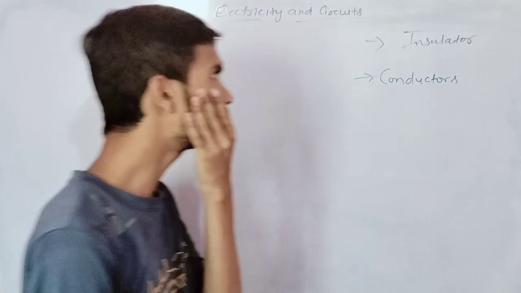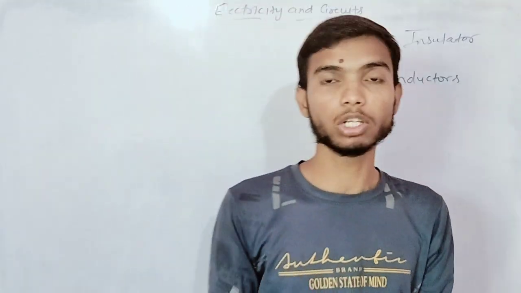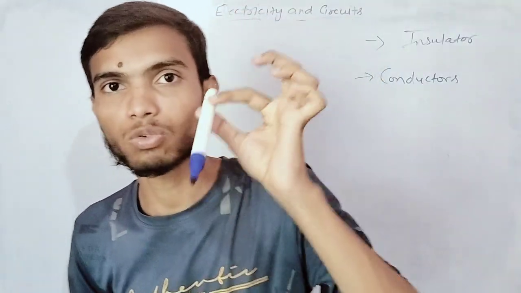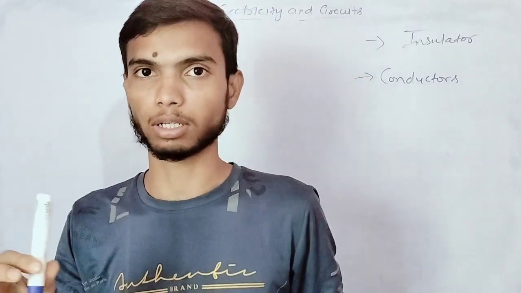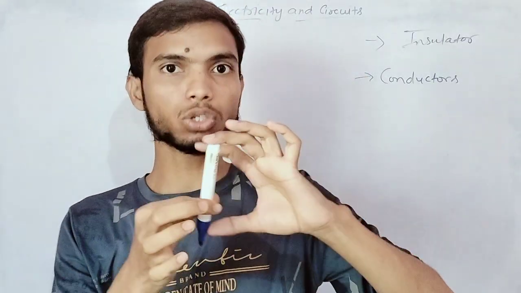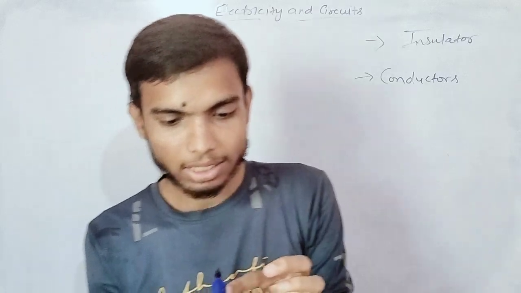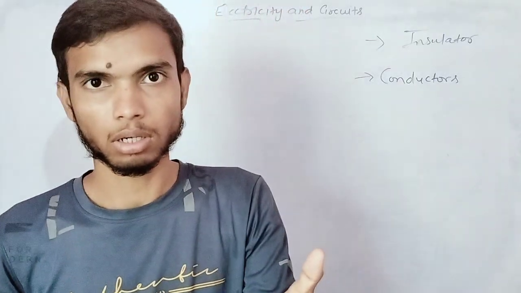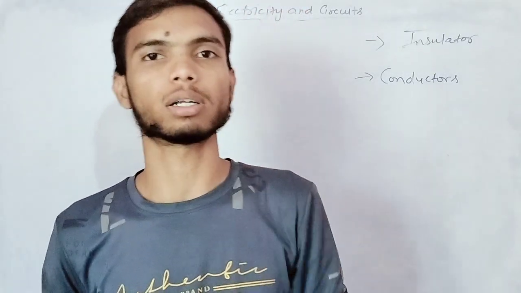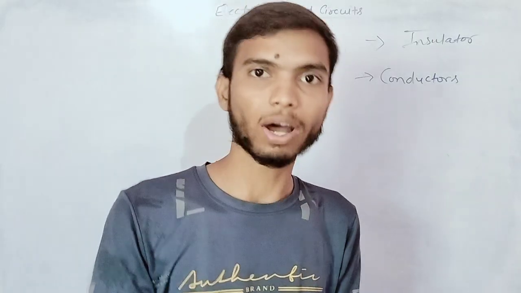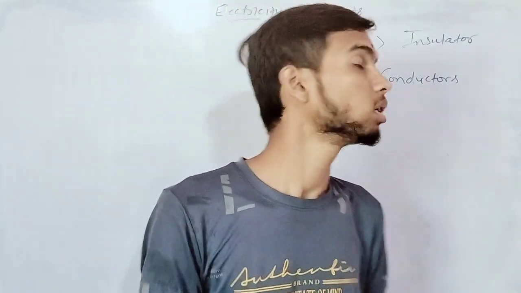Also remember, insulators are materials, not objects. This is an object, but this is an insulator. It is not a conductor. And that is what we are understanding right now. How is it not a conductor? How is it an insulator? We have to define it. We have to prove this.